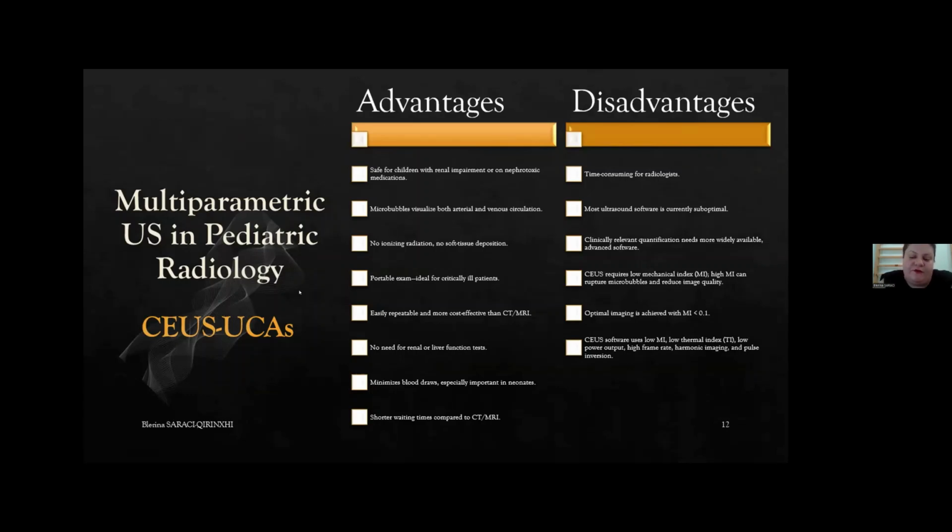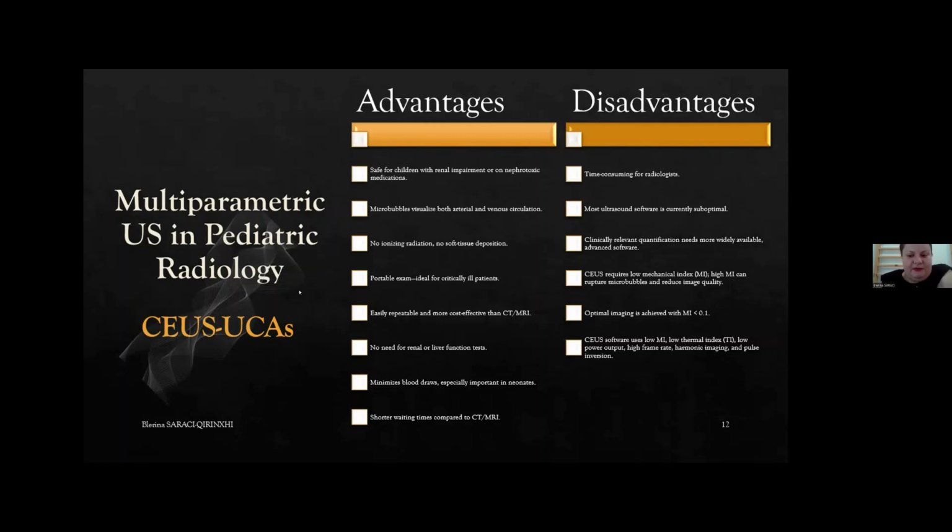Disadvantages: time consuming for radiologists. Most ultrasound software is currently suboptimal. Clinically relevant quantification needs more widely available advanced software. CEUS requires a low mechanical index. A high mechanical index can rupture the microbubbles and reduce imaging quality.